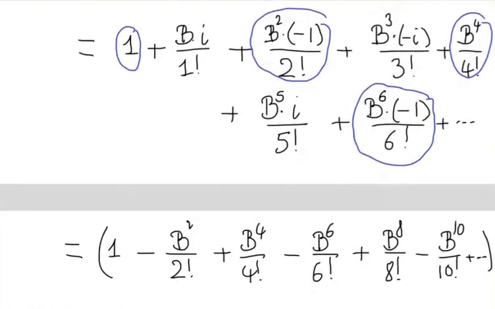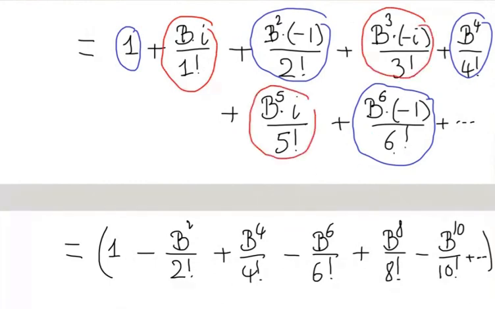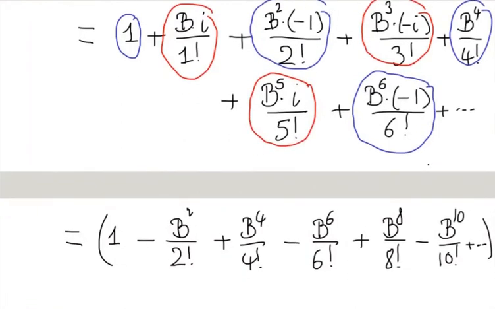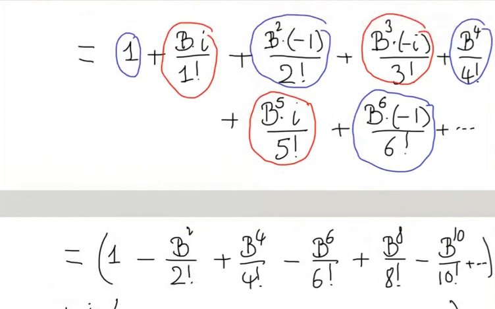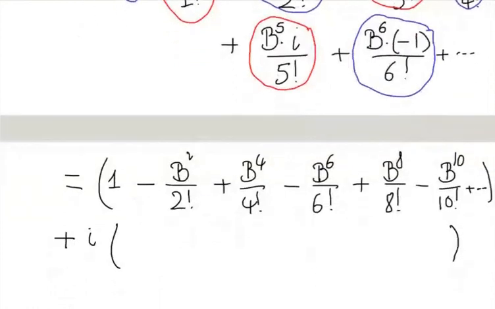And then we have terms with i. These are the terms with i. So let us factor the i out like this. Then what is left? For the first term, after we factor out i, we have b over 1 factorial.